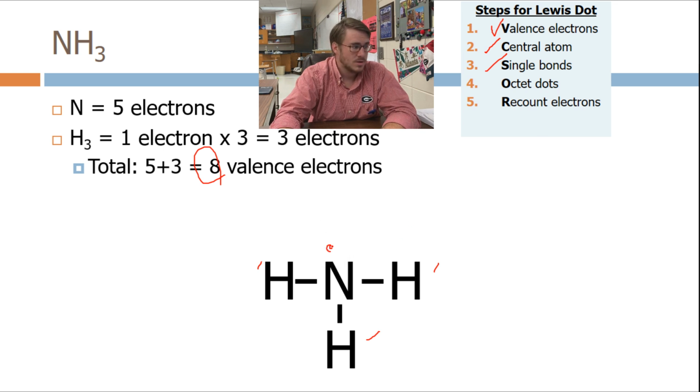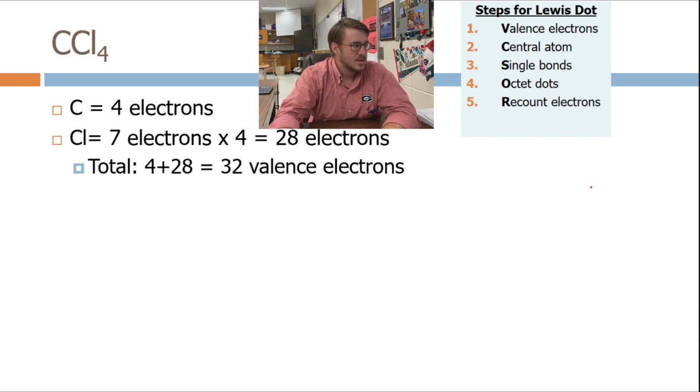So I need to draw in 2 more dots. Here they are, up here. Now recount to make sure we have the 8 we first counted. 2, 4, 6, 7, 8 total electrons. That checks out.